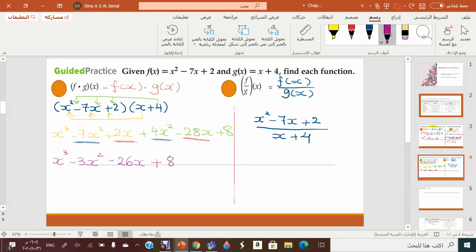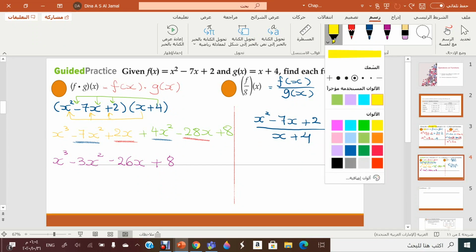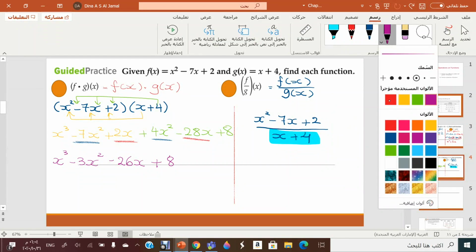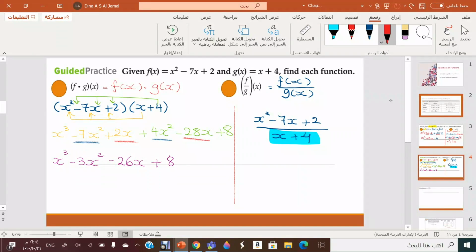So there is one limitation only. Look at the denominator and ask yourself, if I would like to find the limitation, that means I should put the denominator equal to 0. So your x will be minus 4.